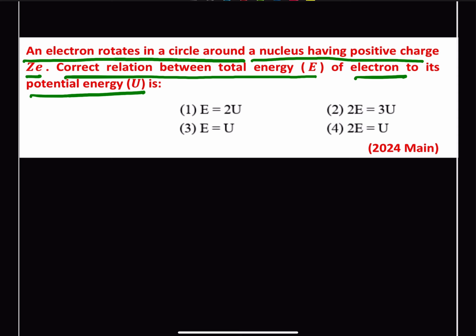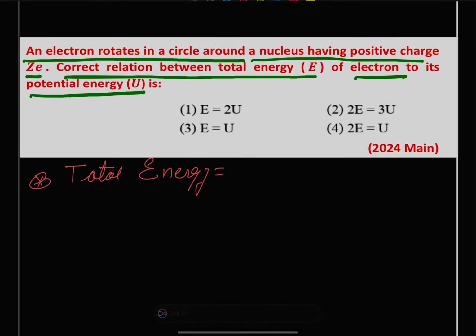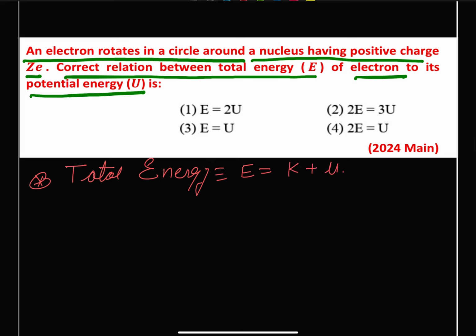So the total energy is given as E, which will be equal to kinetic energy plus potential energy, that is U. And for a circular orbit, we already know that our kinetic energy is equal to -1/2 of the potential energy.